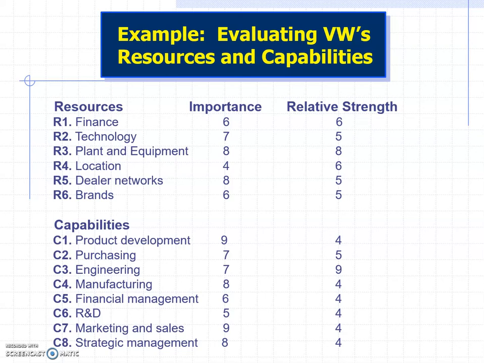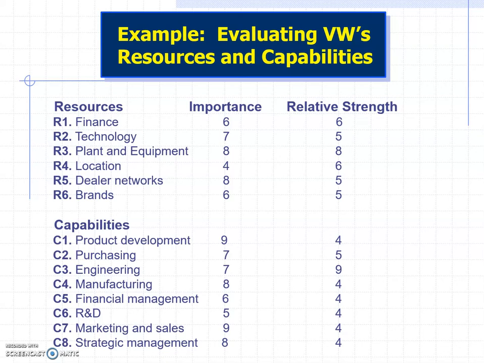In terms of relative strength, it looks like Volkswagen is relatively weak across the board, except in terms of engineering. So in terms of important weaknesses, in product development, marketing, and sales, they're weak, even weak on those important attributes or capabilities.